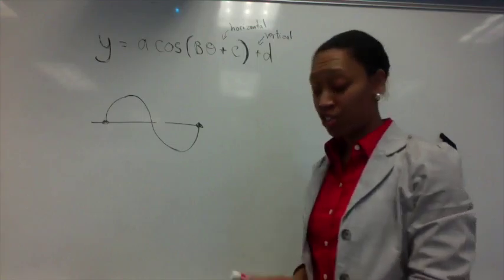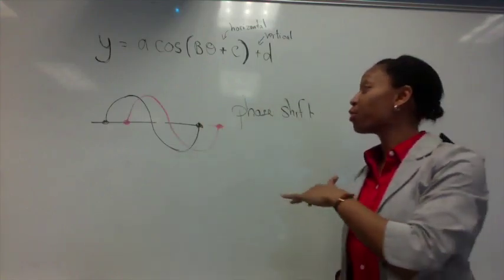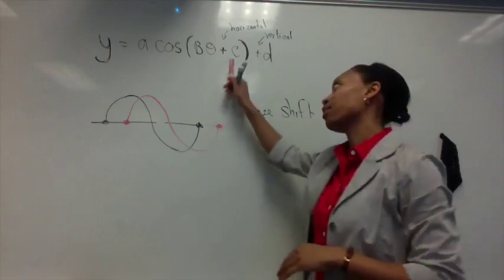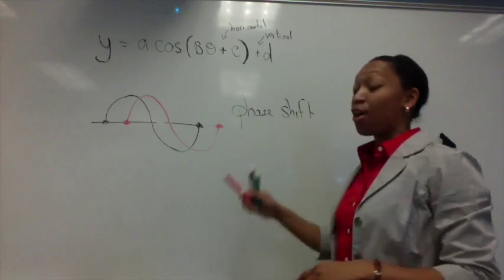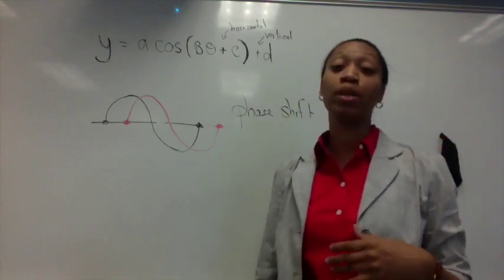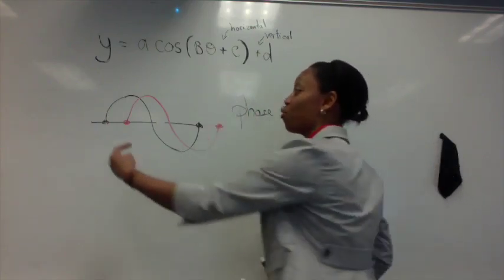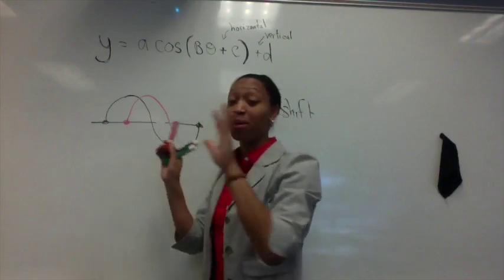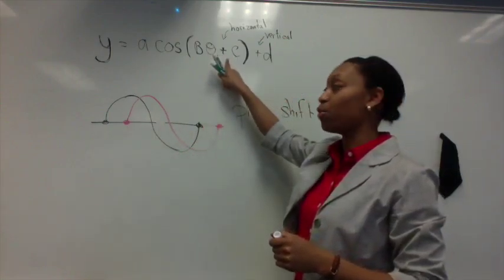Now let's look at the phase shift. How does the phase shift move the graph? Okay, so a phase shift moves the graph horizontally. The things inside here move it horizontally. Now these values are tricky because they move it the opposite direction than what you would expect. You would think that if C were positive, it would move it positive and negative, negative, but it's actually opposite. When we have a positive C, it moves it negative.